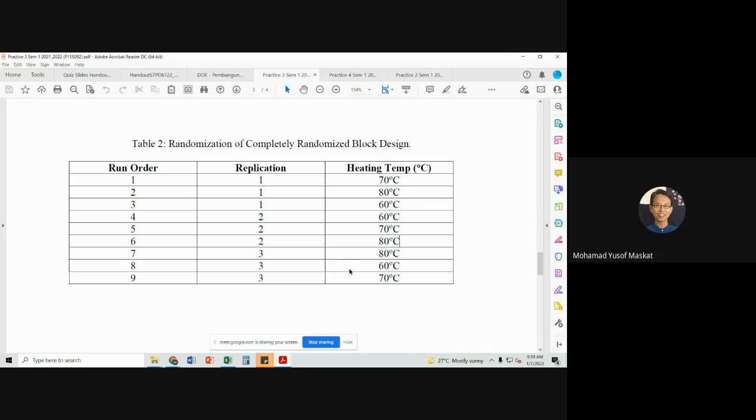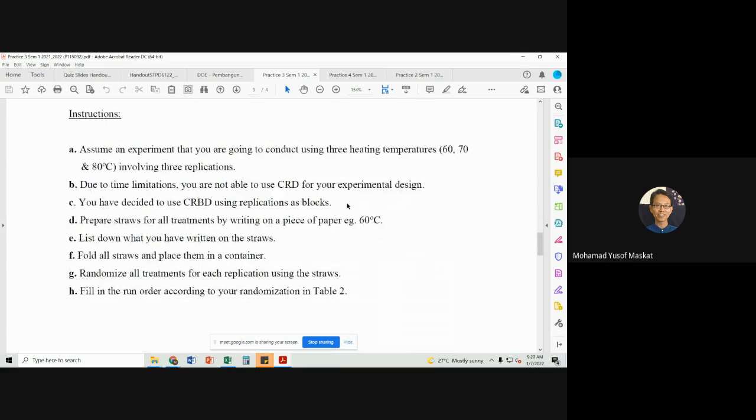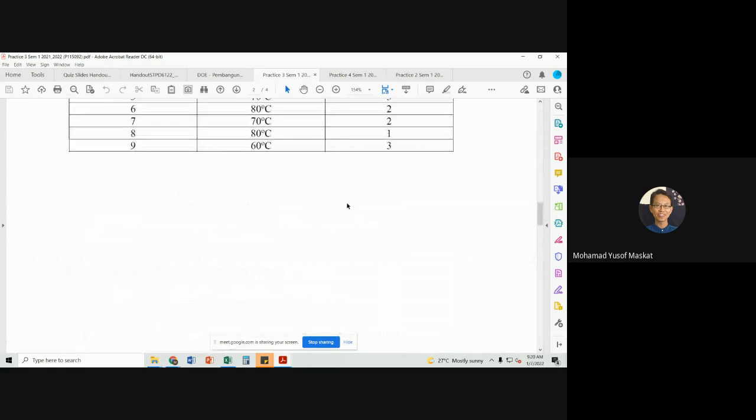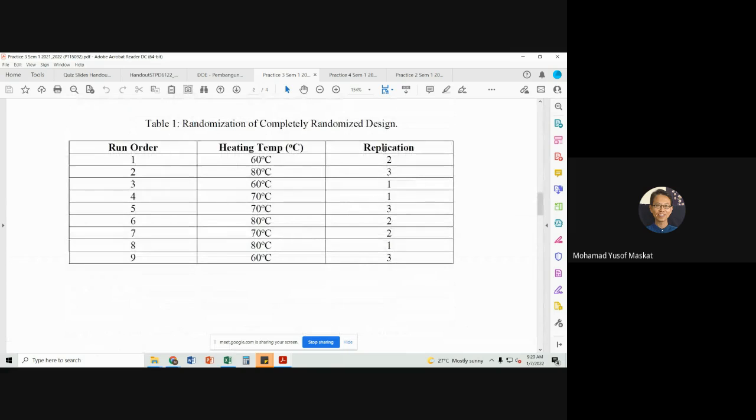So overall you can see that there is no randomization for replication, but there is randomization for heating temperature. That is the signature of a completely randomized block design, where there is no randomization between reps. Compare this to a completely randomized design, where there is total randomization among the replications.